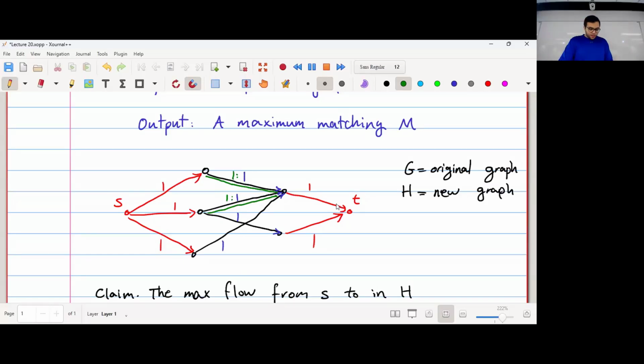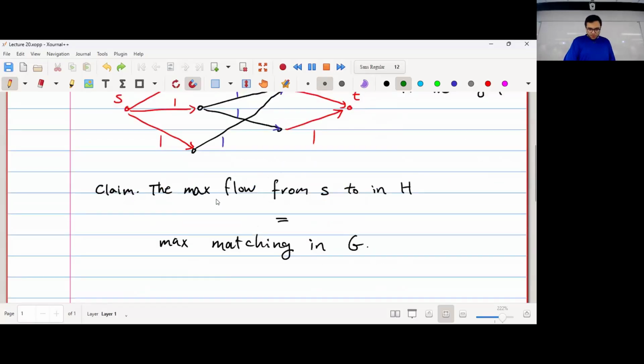So my flow is definitely going to give me a matching. And it's also easy to check that the number of edges in this matching has to be exactly the amount of flow. So we proved that the maximum flow from S to T in H, I forgot to write T here, is the same as the size of the maximum matching G.